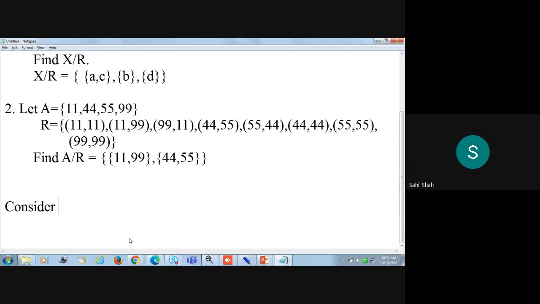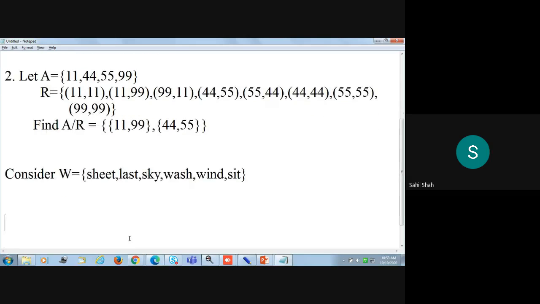Consider W equal to {sheet, last, sky, wash, wind, sit}. This is the set W.